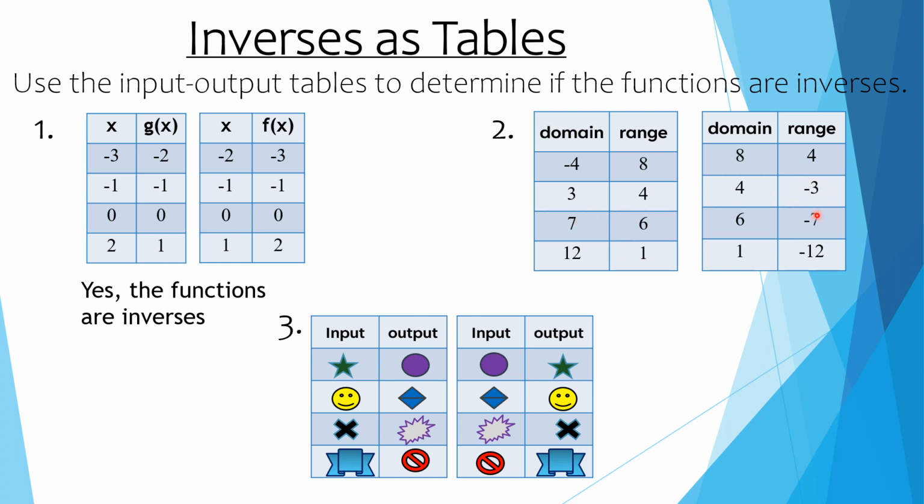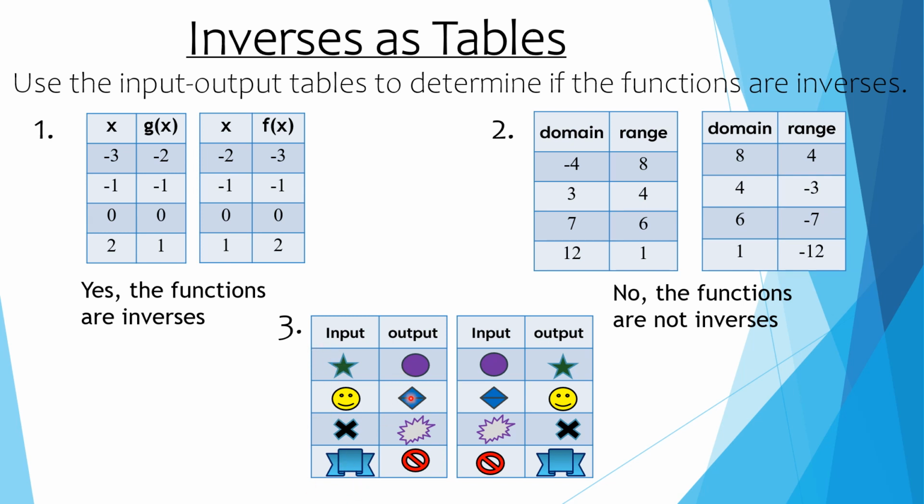They've switched them, but they've also made that original domain value a negative. Same with the last two points. 7, 6 should be 6, 7, and they have a -7. And 12, 1 should be 1, 12, but they have a -12. So because these values in the range of the inverse are not the exact same as the domain, they're not inverses.